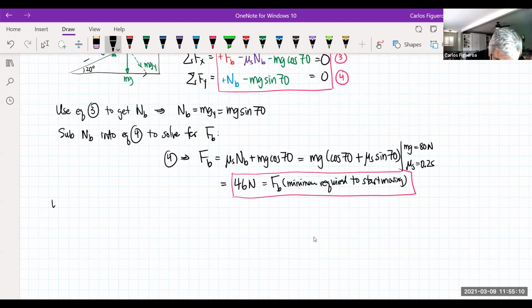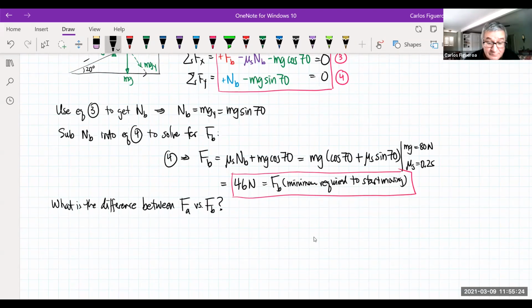So what is the difference between F of A versus F of B? So the first thing here, we had F of A was 8.6 newtons.